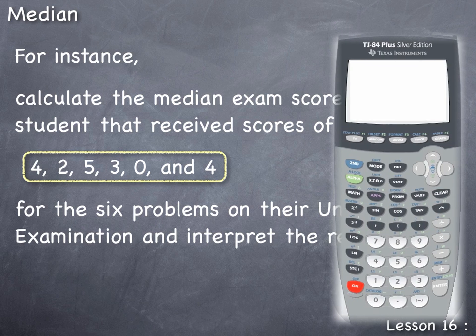To enter data into the TI-84 calculator, we press Stat, Enter, to enter the list editor. But here we see List 1 already contains the data for the scores that the student received on their Unit 1 examination. So the data is already entered in List 1. All we need to do is do the OneVarStats command to calculate statistics, such as the median.